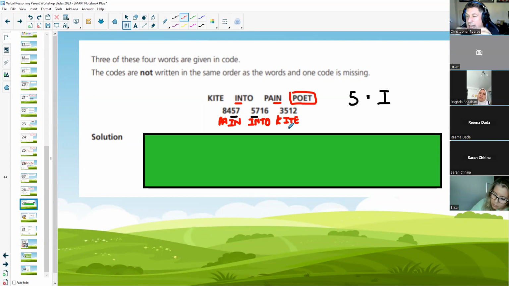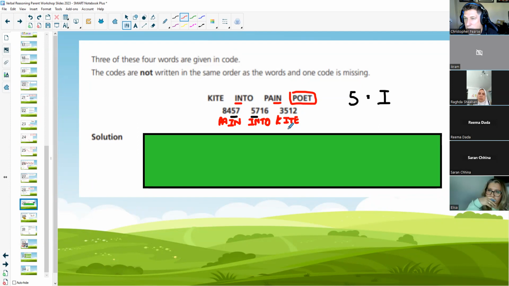Now, these do take a little bit of skill. Sometimes I would describe this really as trial and error. You might try something and it doesn't work. You haven't been able to match up, or you haven't quite worked out what those letters or those numbers stand for, and that's absolutely fine. Sometimes when you do puzzles and things, I do treat these like puzzles.